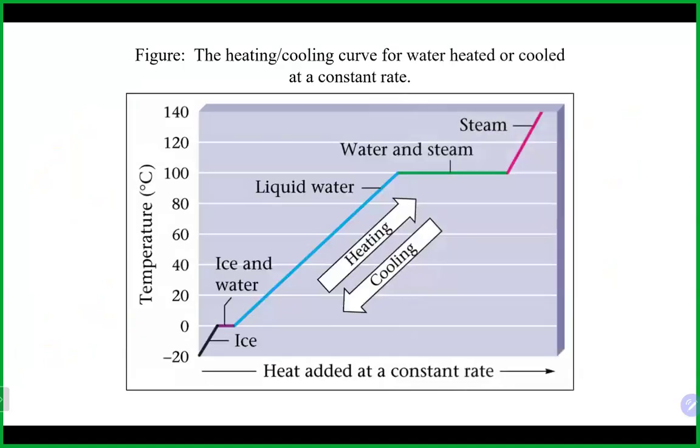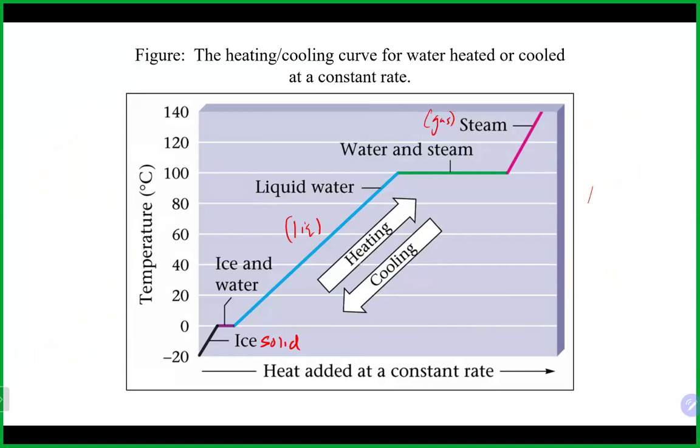This is a heating and cooling curve, going from ice, which is our solid, to liquid water in the middle here, and above here steam, which is really our gas phase. This is what we see for water.